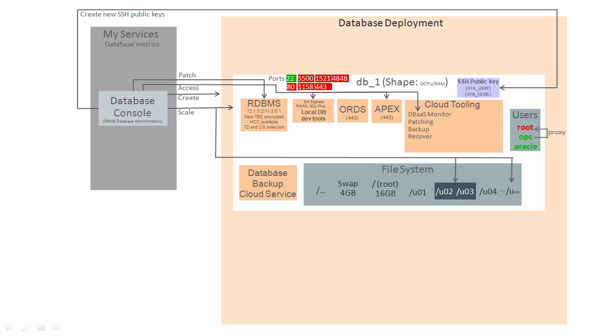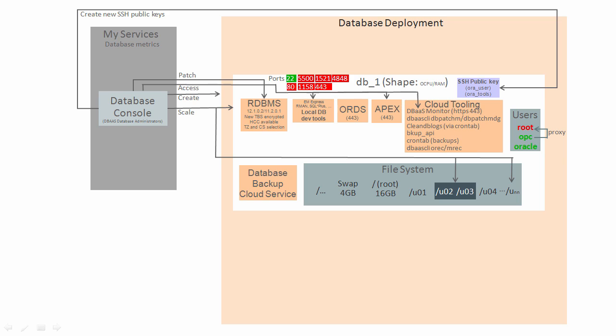As for cloud tooling, you can see a list of tools that you can use to help you manage your database: DBaaS CLI for patching, Data Guard, and recovering; MREC for last option recovery of your database; CleanDB logs for purging log files; Backup API for backups.